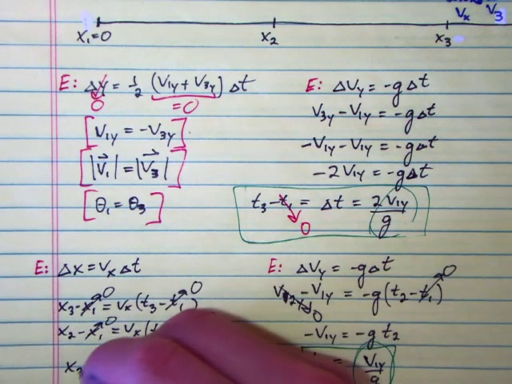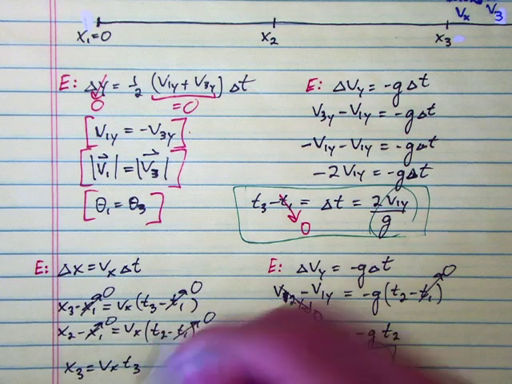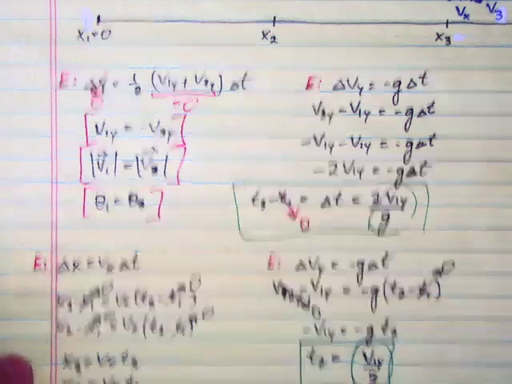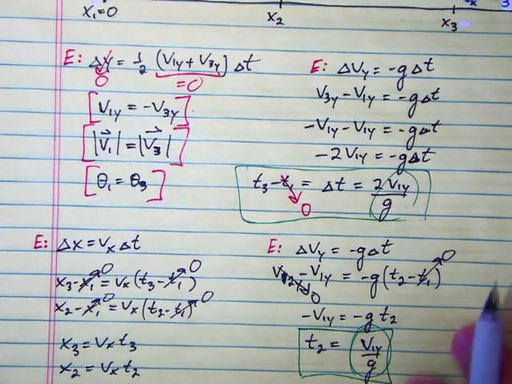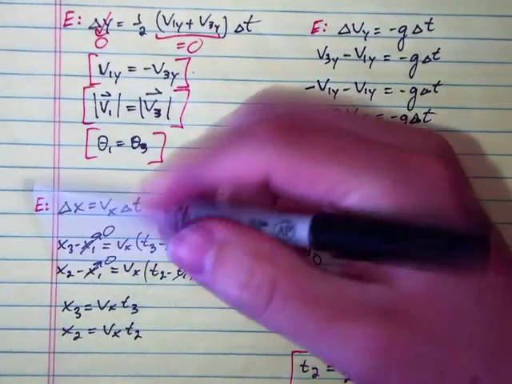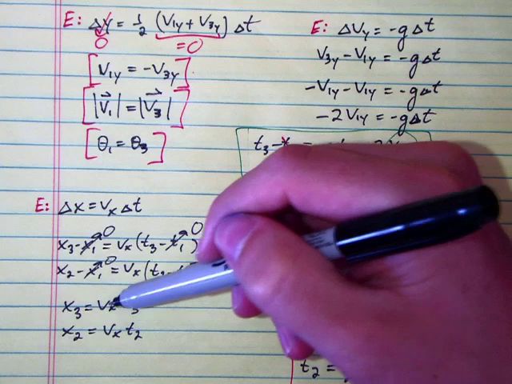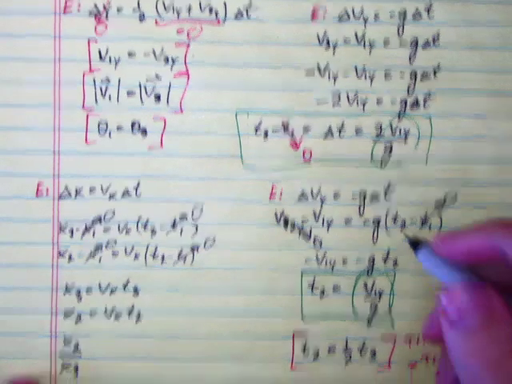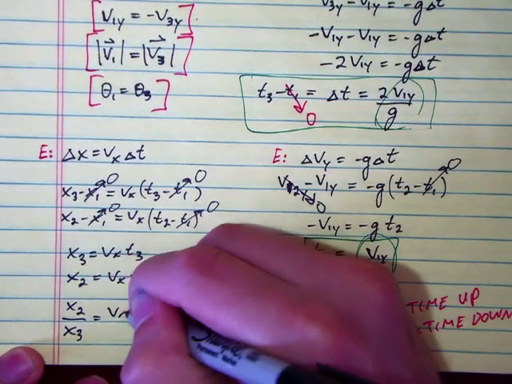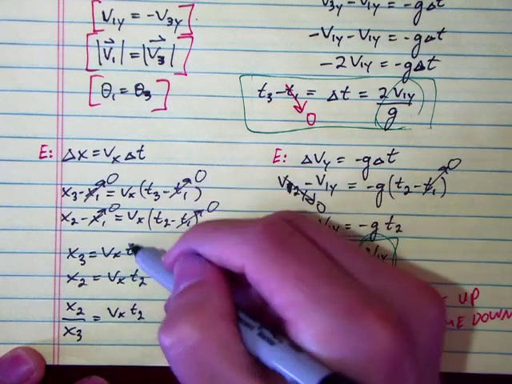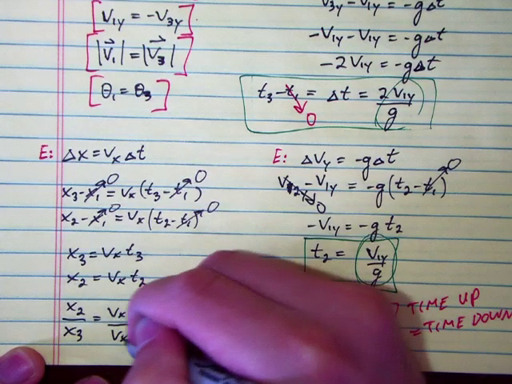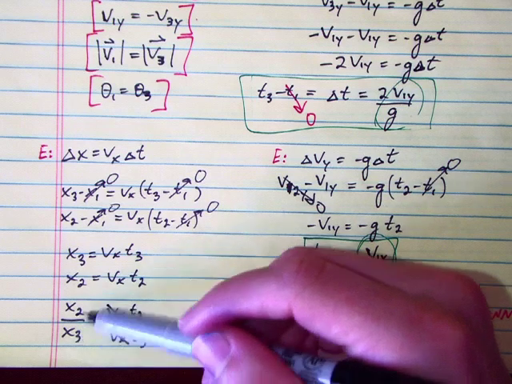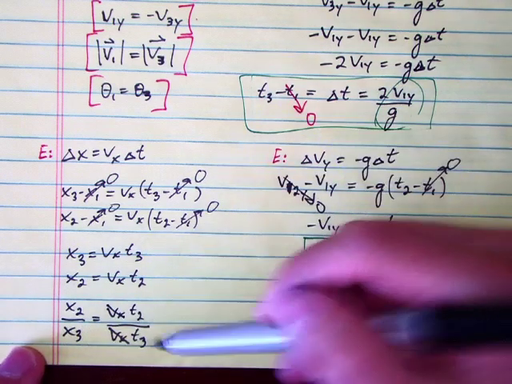So that tells us that x3 is Vx times t3, and x2 is Vx times t2. I'm going to divide these two equations by each other to cancel out Vx, which is common to both of them. So x2 divided by x3 equals Vx t2 divided by Vx t3. The Vx's cancel out, so I've got the ratio of these two distances equals the ratio of these two times.